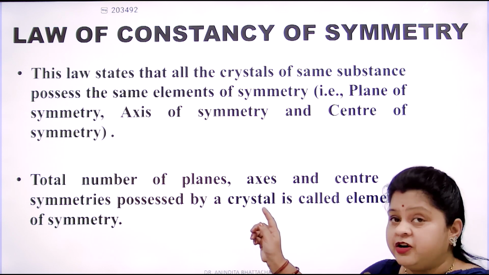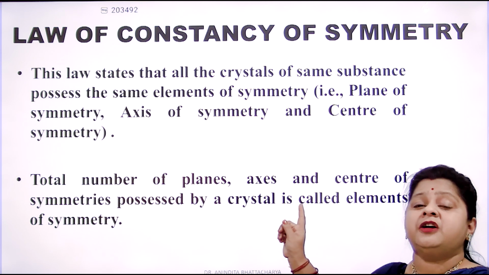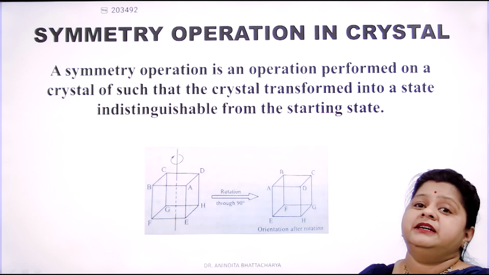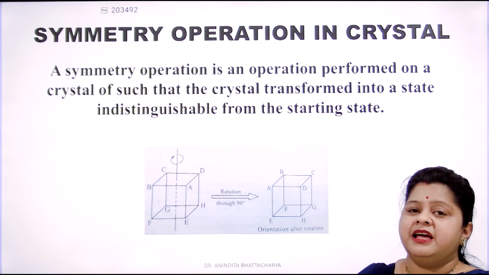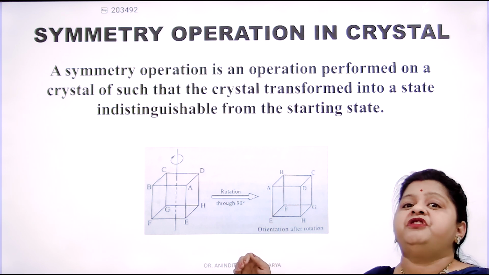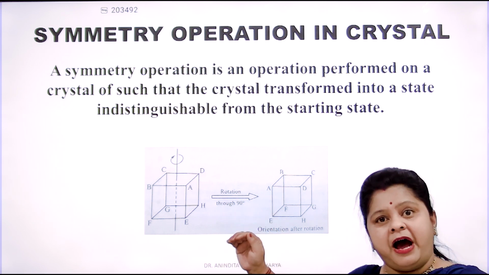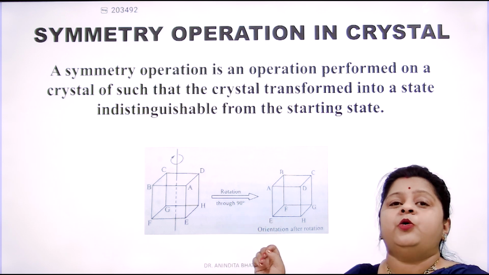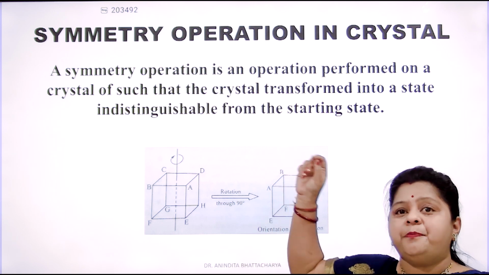We should always remember that the plane of symmetry, axis of symmetry, and center of symmetry are the symmetry elements. And the operations which we do on these elements by rotating it and getting the original crystal back are known as symmetry operations.